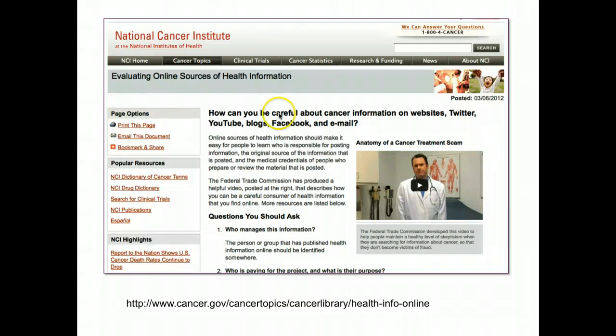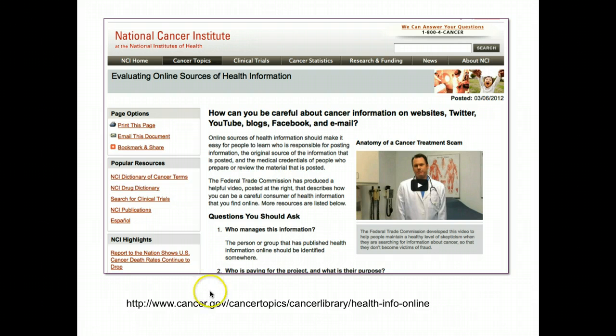A good overview of this is the National Cancer Institute in the United States. Again, you see the National Institute of Health, an umbrella organisation. This is a government-run site, .gov, you can see there. You can't set up a .gov site in the United States without some sanction from the government.